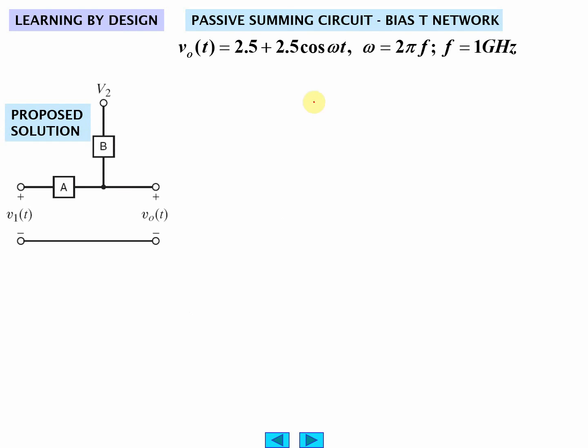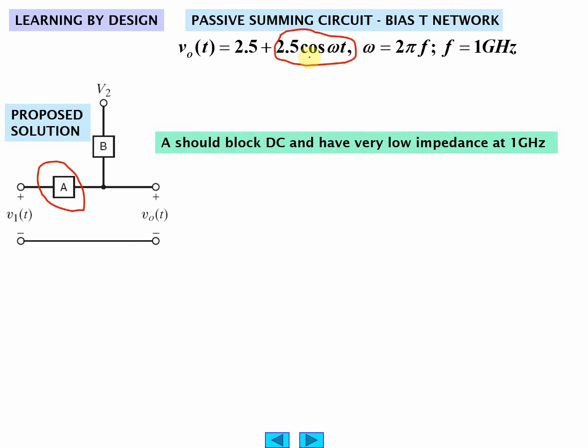Now, here's something also: this is a way to prevent DC biases. Low impedance at 1 gigahertz, DC bias, and block DC.